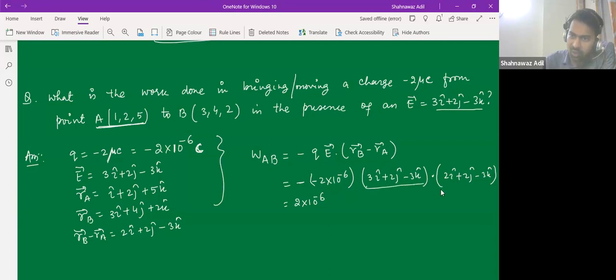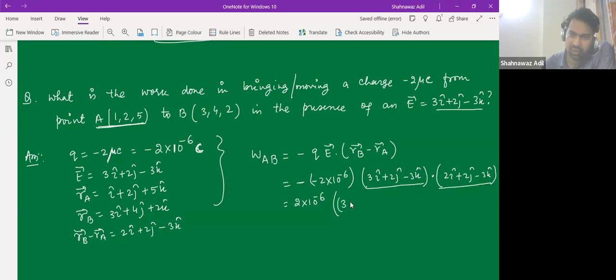And what would be the dot product of these vectors? So it will be 6i plus 4j plus negative 9k. Dot product is a scalar product, so there would not be any vectors.